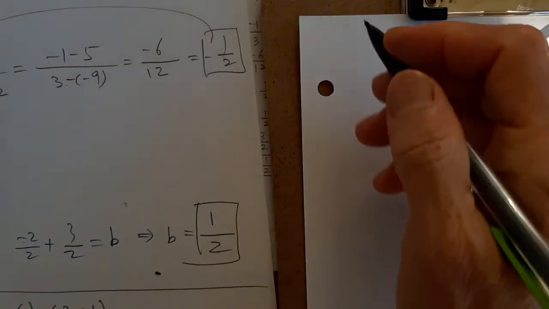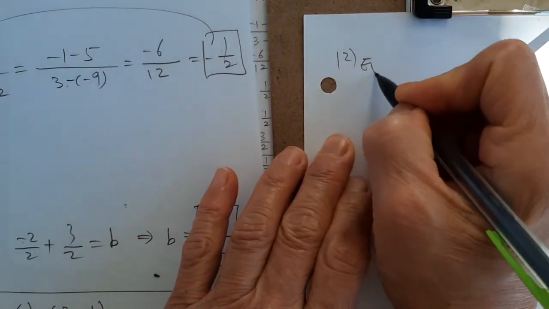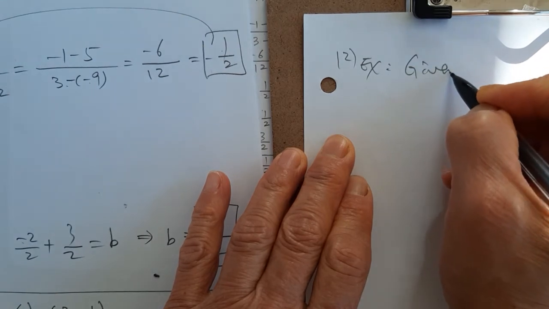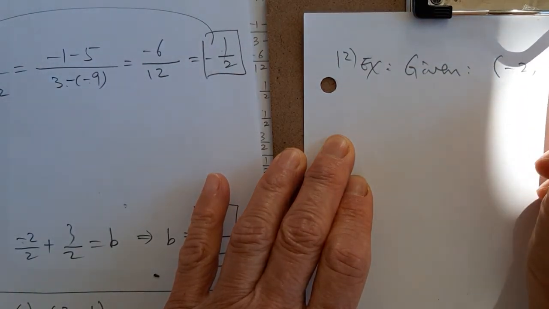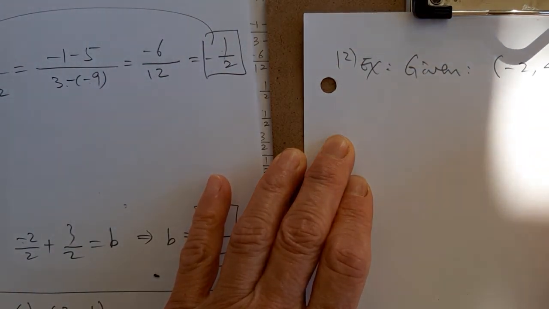And you can also use the slope formula to solve. Second method, slope formula. Number 12 example. Here, given the 2 points, one is -2, 4, one is 3, -1.